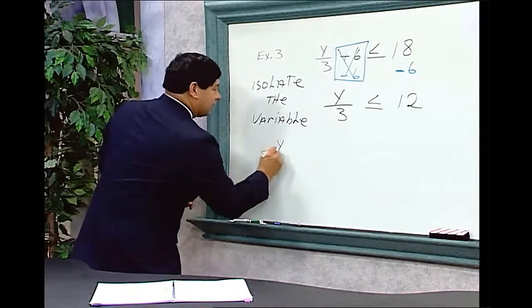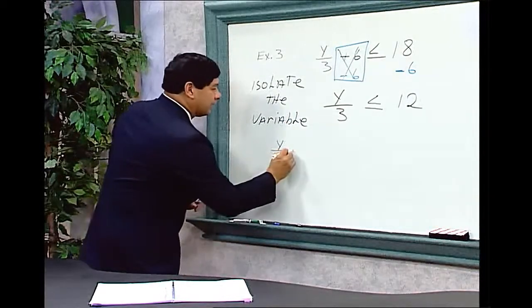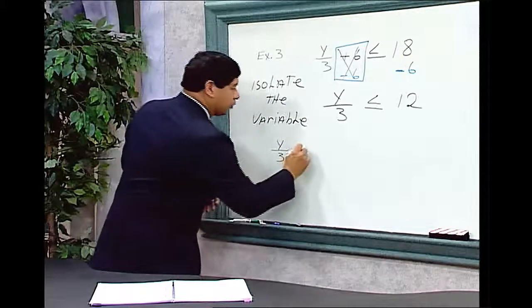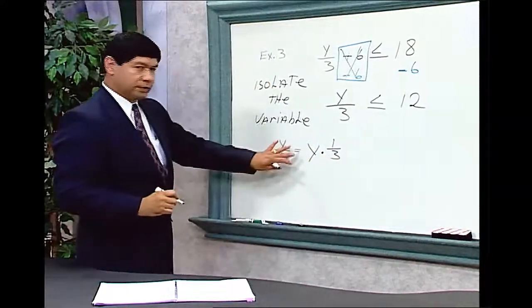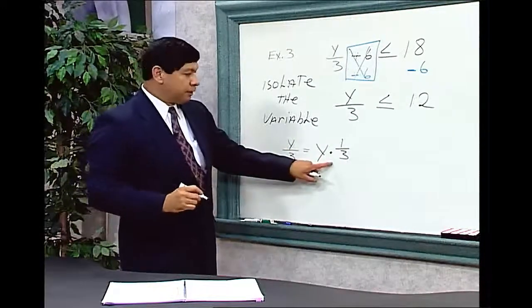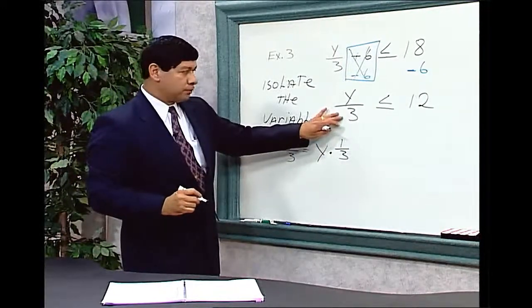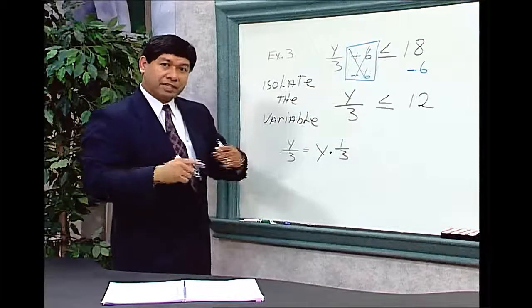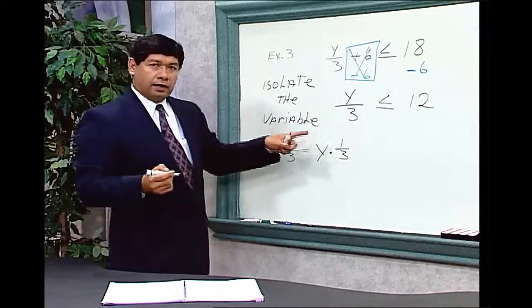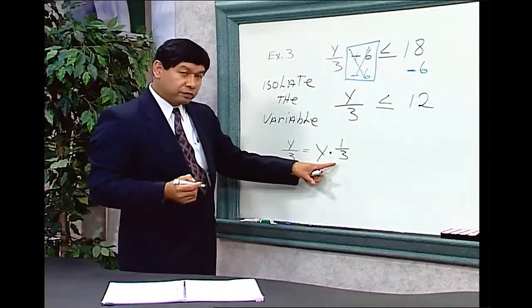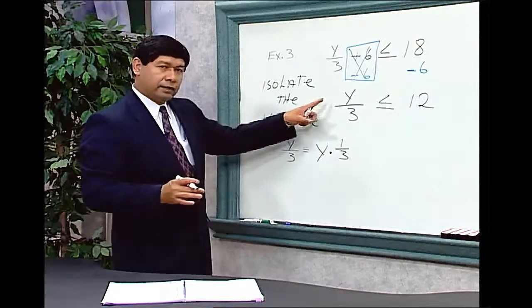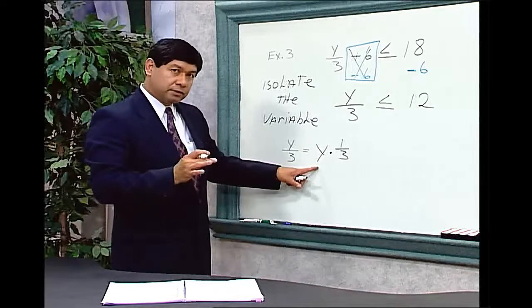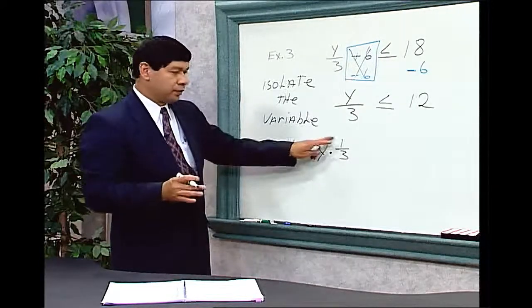Now, this y over 3 is the same as y times 1/3. They're equivalent. Now, to eliminate this 3, we're going to multiply both sides by the inverse of the coefficient of our variable. Our variable we know is y. The coefficient, the number next to our variable, is 1/3.